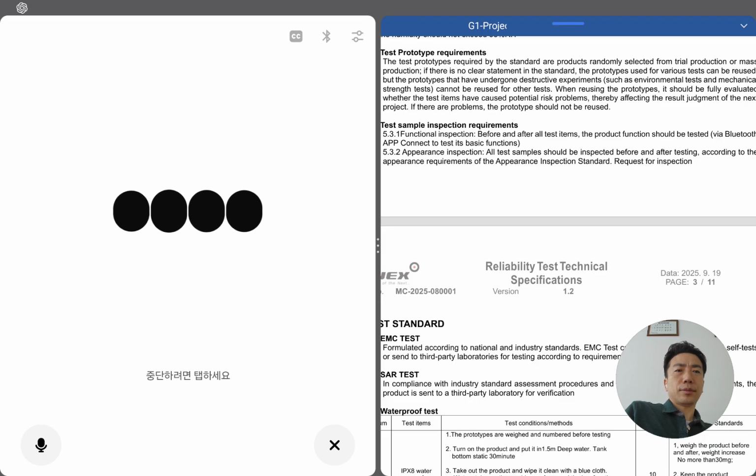When reusing prototypes, it should be fully evaluated whether the previous test items have caused potential risk problems that could affect the results of the next test. If there are such problems, the prototype should not be reused. That's the full section. It basically says use random samples, don't reuse damaged ones, and always check risk before reusing.